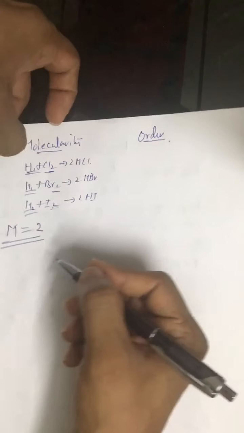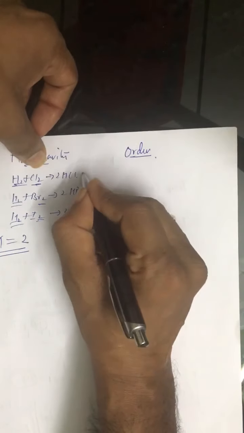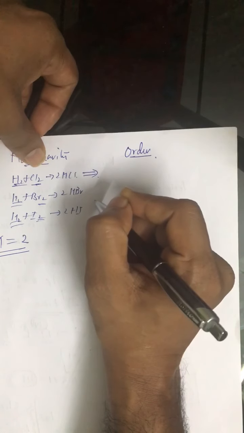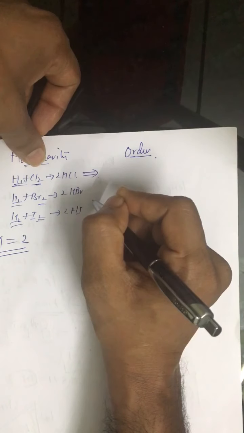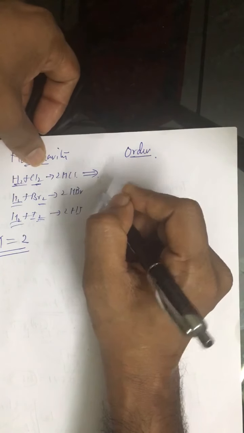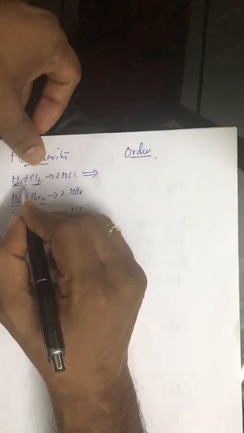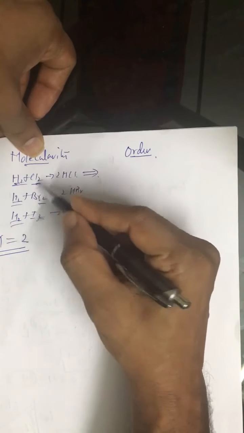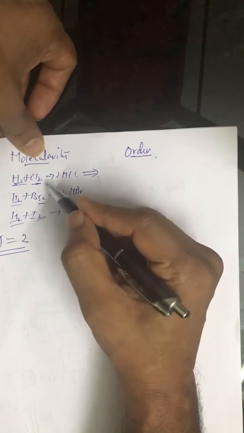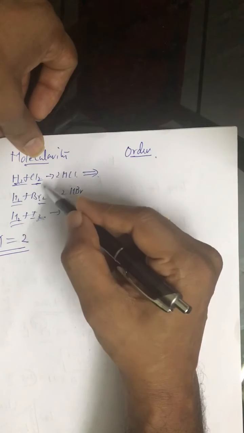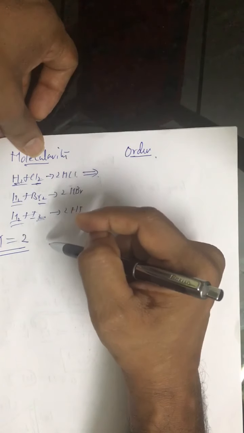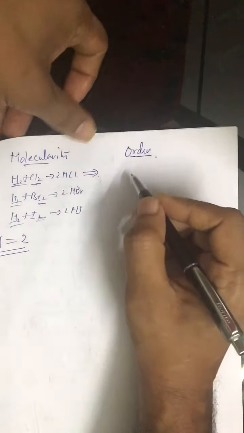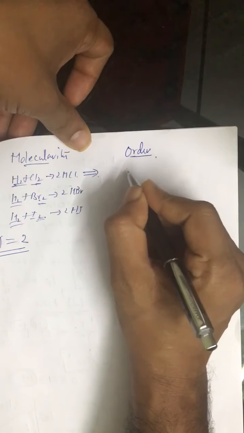Whereas as far as order of reaction is concerned, order of reaction is always practically determined. By looking at a reaction, you can never find out order of reaction. If you are asked what the order of reaction is, you simply say you don't know. Some practicals are performed to determine order of reaction.